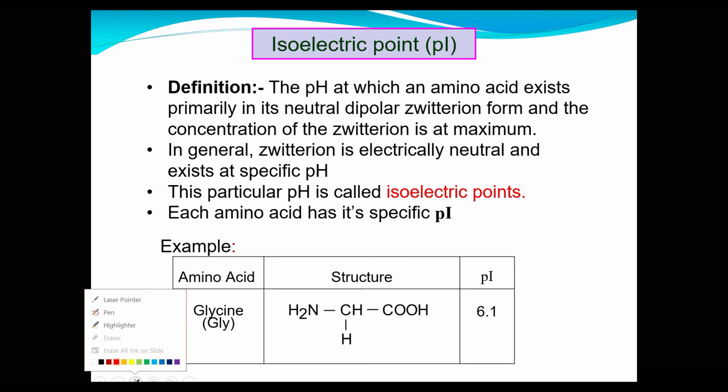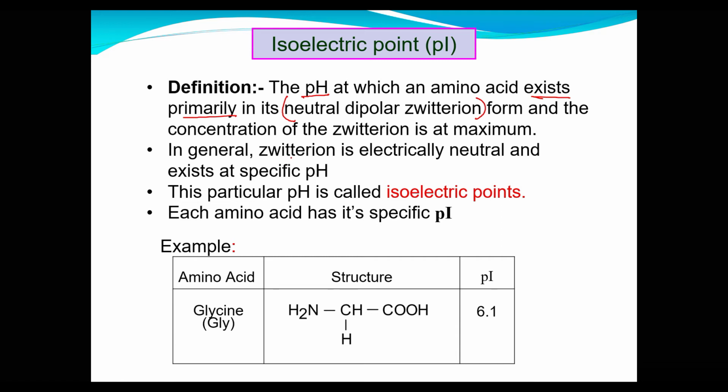Next, we are going to look at another term called isoelectric point, PI. Isoelectric point is the pH at which an amino acid exists primarily in its neutral dipolar zwitter ion form, and the concentration of the zwitter ion is at maximum.